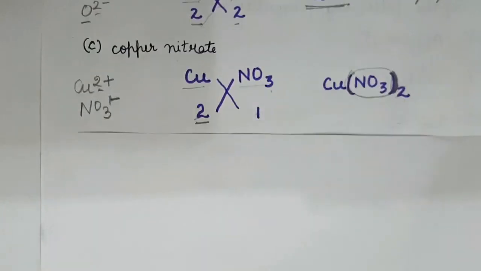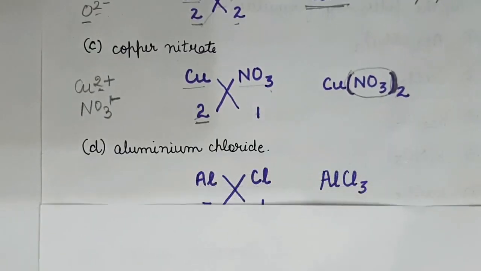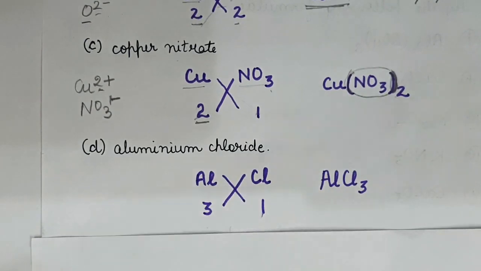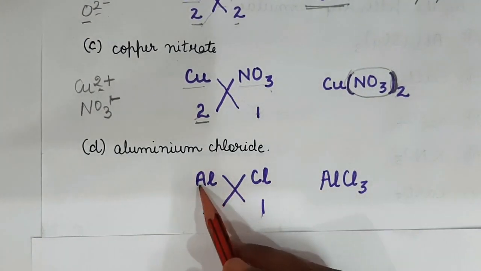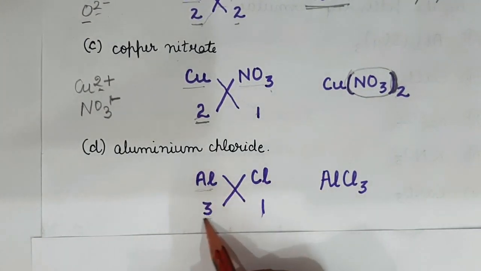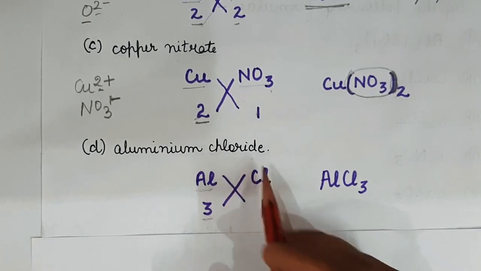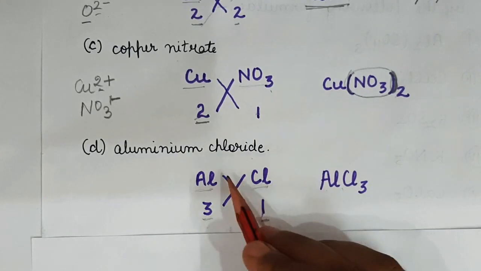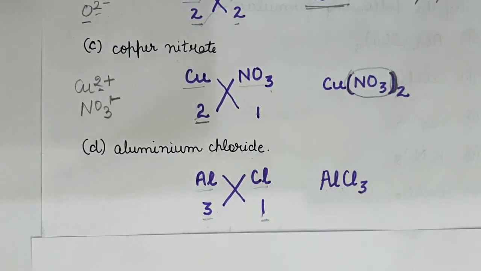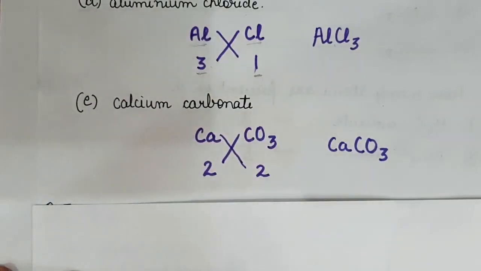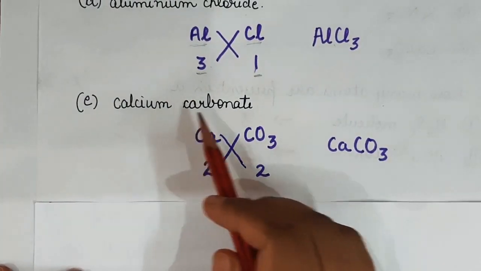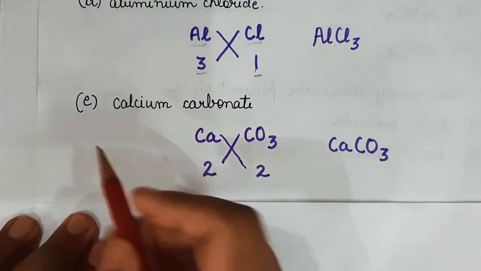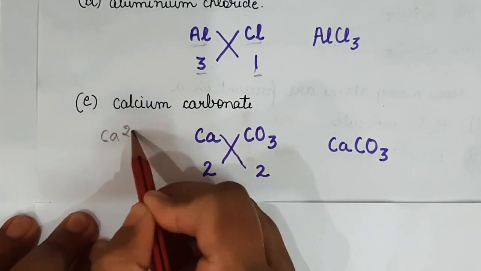Okay. Now D part was aluminium chloride. Aluminium is Al3 positive. So Al valency 3. Chloride is Cl negative. So Cl valency 1, cross multiply. AlCl3. Okay. Last part was calcium carbonate. What is calcium? It is Ca2 positive.